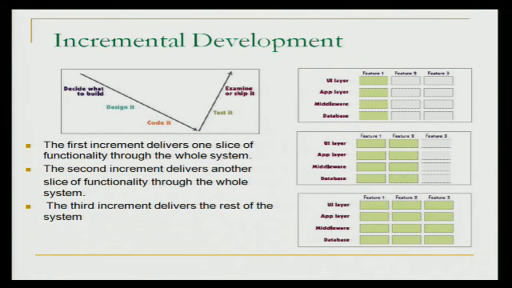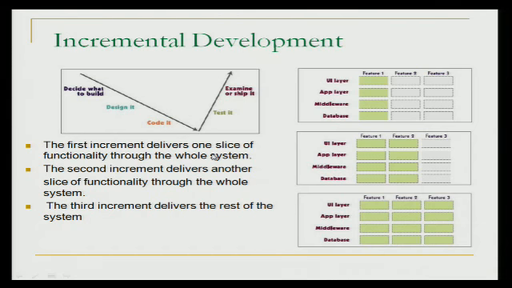So again, this is kind of saying the same thing. With incremental development, it says here, one slice of the functionality through the whole system. It's not like a horizontal slice where increment 1 is a little bit of everything, but nothing really works. No, here you're going to get end-to-end capability for some of the system. That's what a slice is.